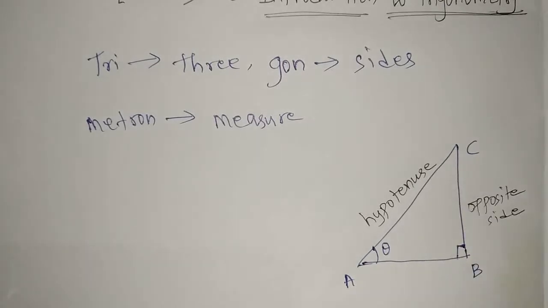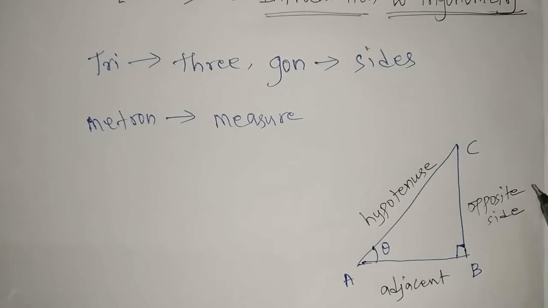And the rest of the side is called the adjacent side. Now from this we are going to find trigonometric ratios, trigonometric identities, complementary angles, the trigonometric table, many things.